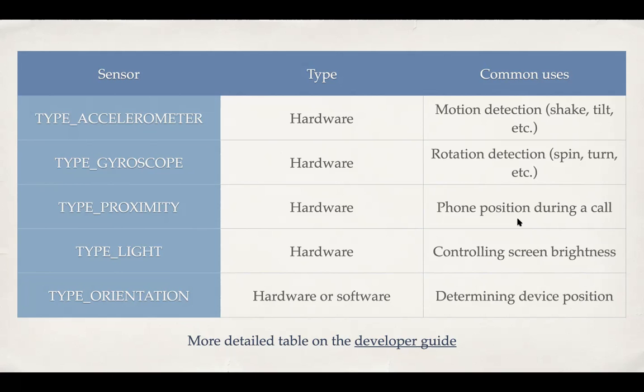And you have orientation, which can be a hardware or a software sensor. The software sensor, as I said, would combine information from a couple of other sensors to give you a sense of the position of the device.